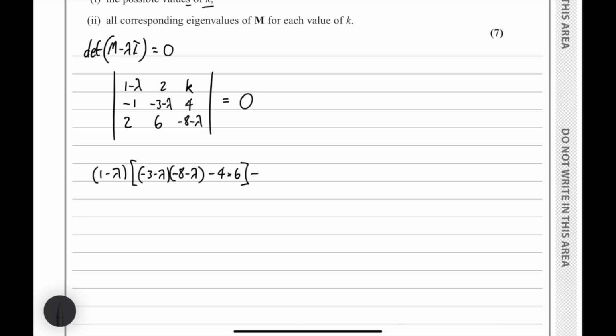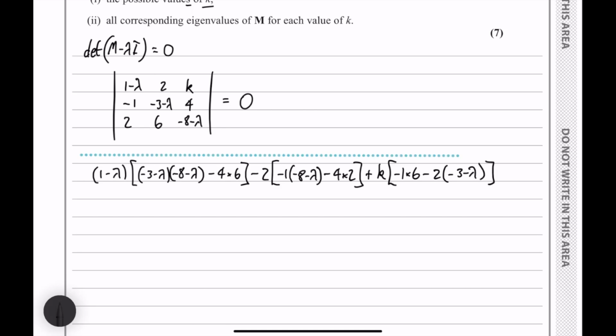And then we've got minus the second element times minus 1 times minus 8 minus lambda minus 4 times 2, plus the third element times minus 1 times 6 minus 2 times minus 3 minus lambda. A lot of negatives in there. What can I do with this?